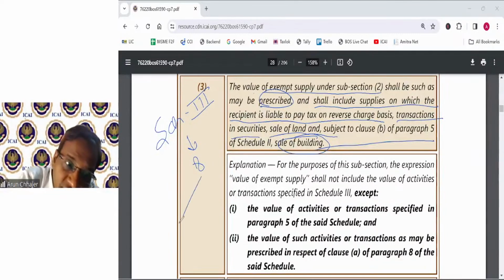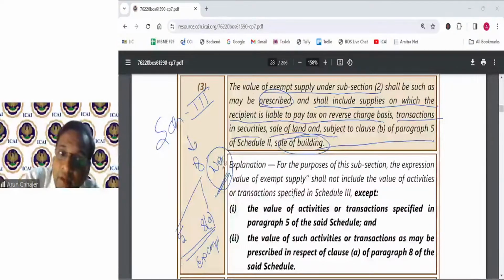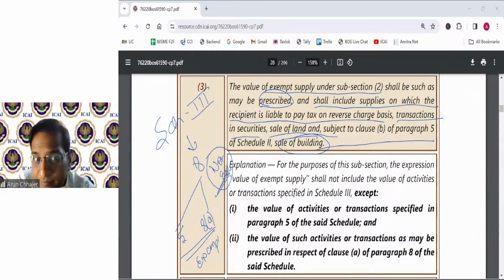Out of which para 5 and para 8A are considered as exempted and the rest are not exempted. Not exempted means there is no requirement of reversal of ITC.